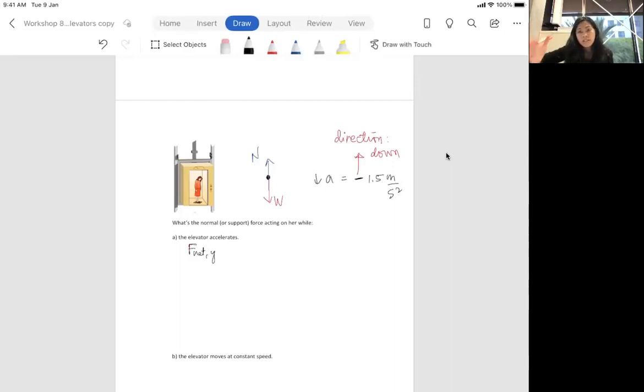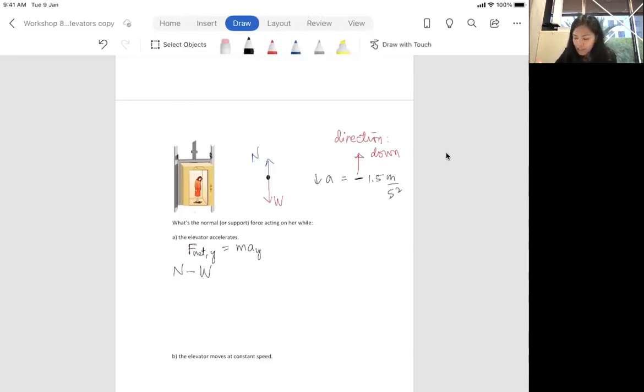Okay, all your forces are just along the vertical, so you're using Newton's second law of motion along the y. Net force along the y is equal to mass times acceleration. There are 2 forces along the y: the positive normal force because it's upwards, and the negative weight force because it's downwards.